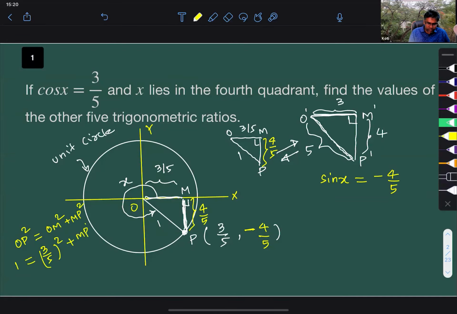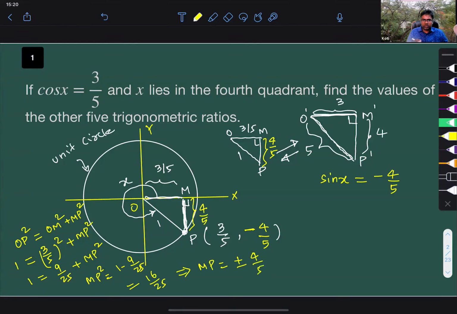Now let's solve this, okay? So 1 equals 9 by 25 plus MP square. Now MP square comes out to be 1 minus 9 by 25, which is 16 by 25. So that gives us MP as plus or minus 4 by 5.